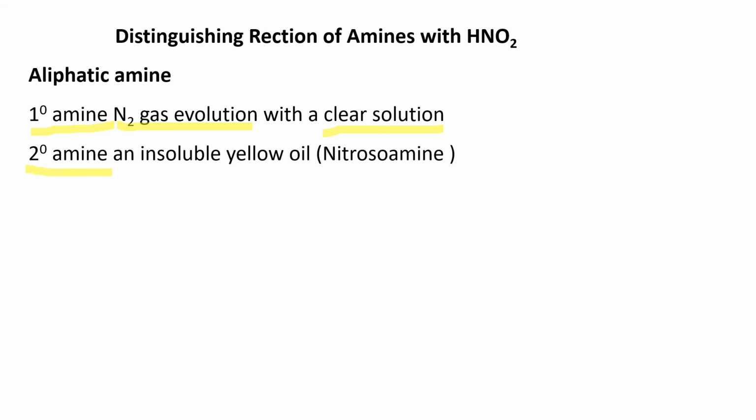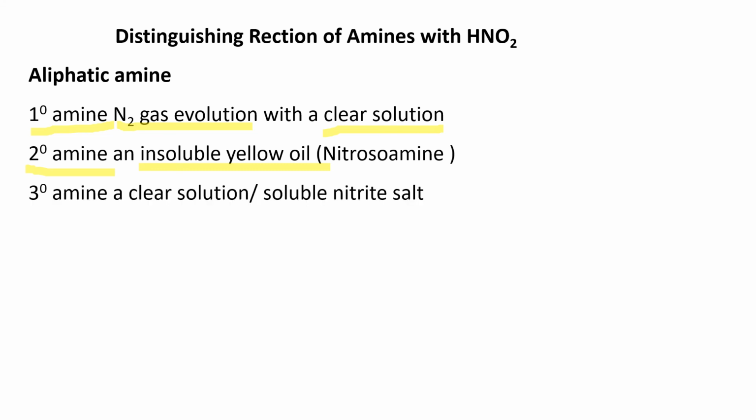Then the secondary aliphatic amine forms an insoluble yellow oil. So that is how you can distinguish between a primary aliphatic amine and the secondary aliphatic amine. Then the tertiary aliphatic amine forms a clear solution because the salt which is formed is soluble.